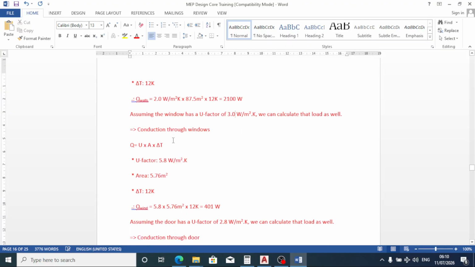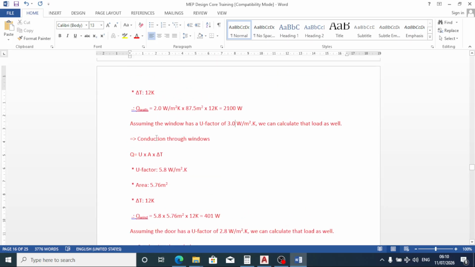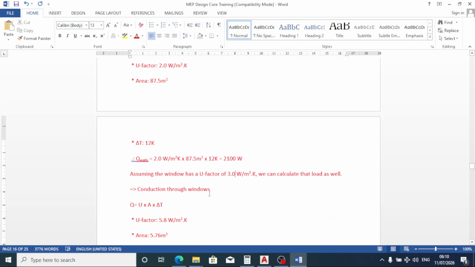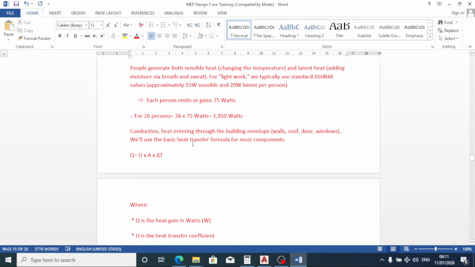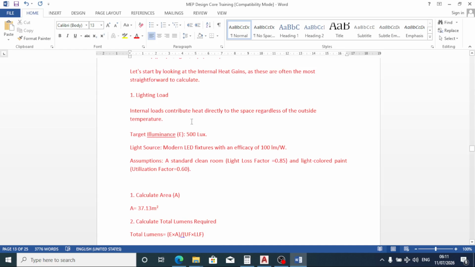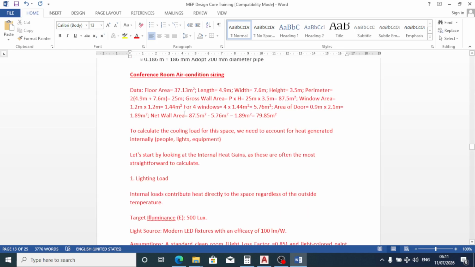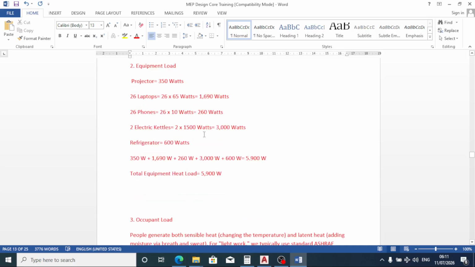So now again, as usual, we'll just use this formula just like we did for the wall. Let's get our window area. Remember, we have 4 windows, so we are just going to take their areas combined, 5.76.